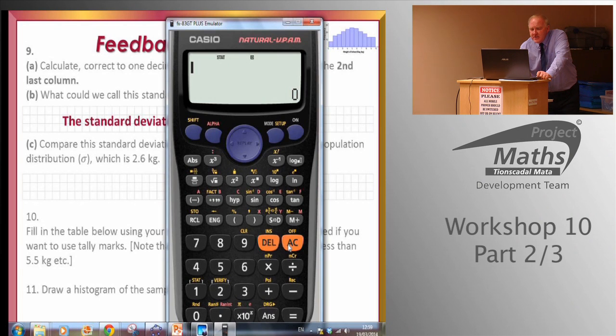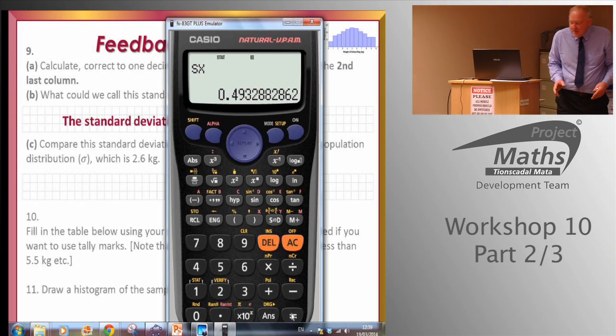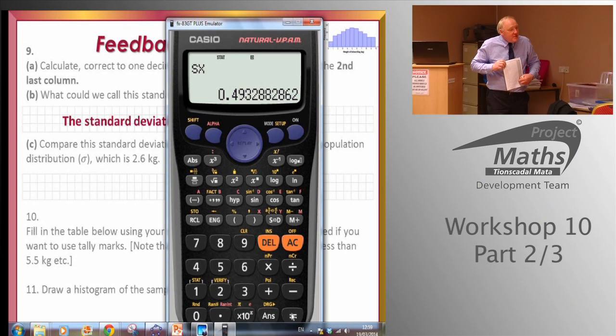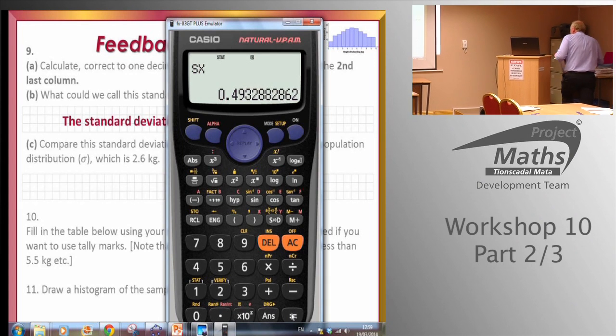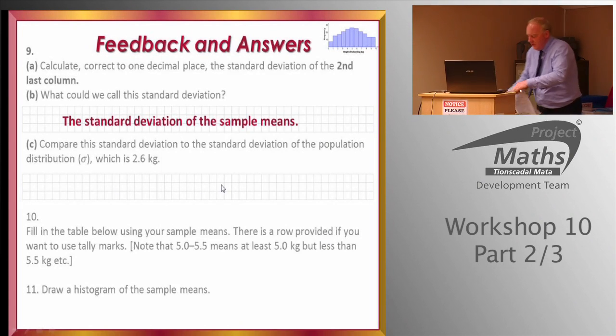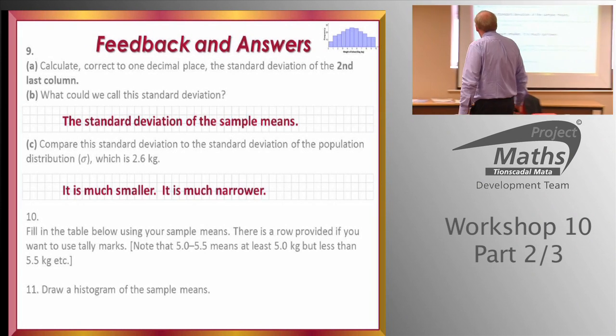Now, I go AC and shift 1, 4, and I go 4 again, and equals. Look at how small the standard deviation is. If I put in all 20 of them that you have there, you'll actually get a very small standard deviation. We're just going to focus on that for a minute before the break. It is much smaller, much narrower.